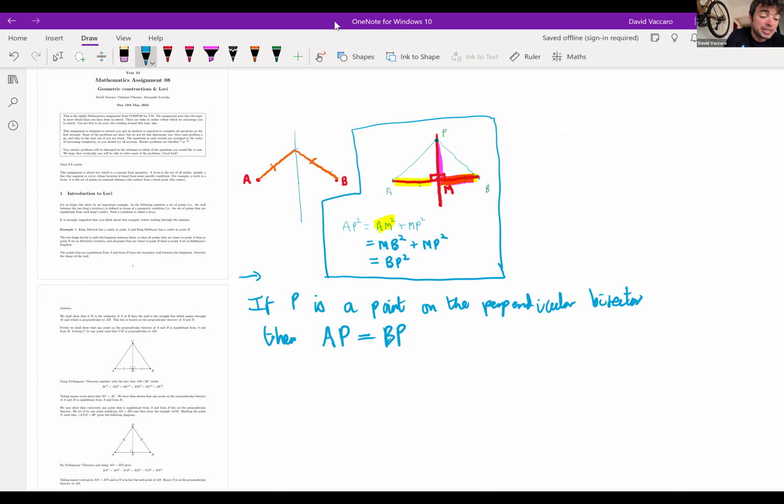So in other words, the point P is on the wall. So this shows that if P is on the perpendicular bisector, then P is on the wall between the kingdoms.